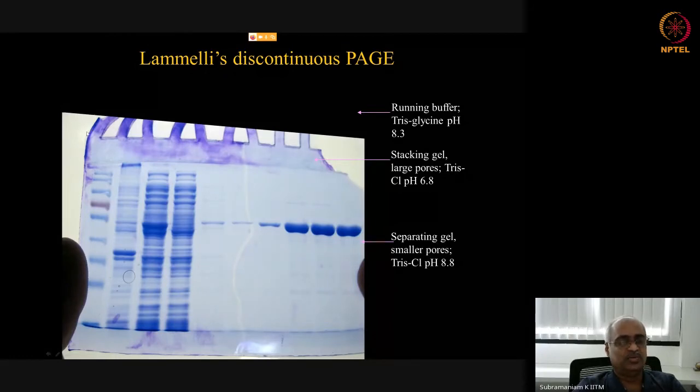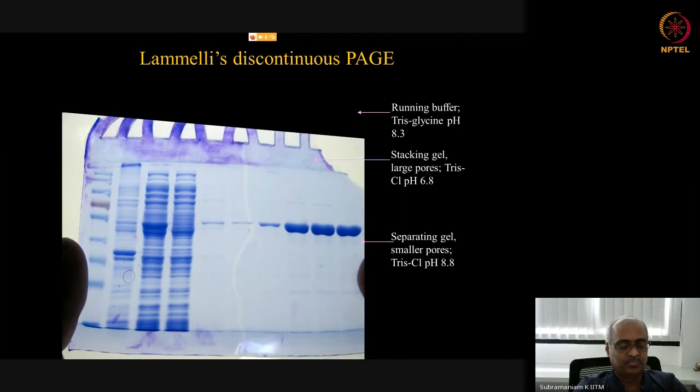So the gel is made between two vertically held glass plates that I showed you in the previous slide, and this is done primarily to avoid exposure to air, because oxygen in the air interferes with the polymerization of the acrylamide.